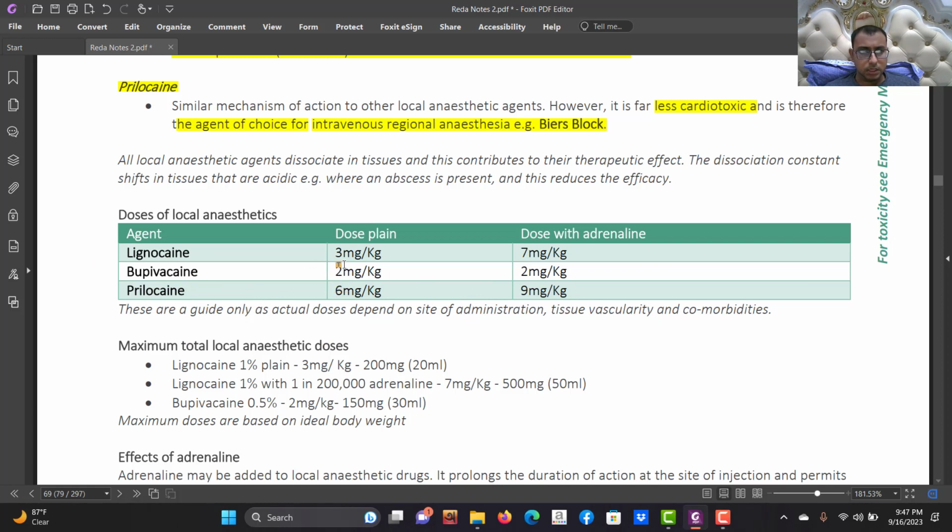The plain dose of lignocaine is 3 milligrams per kg, and with adrenaline, the red solution, it is 7.